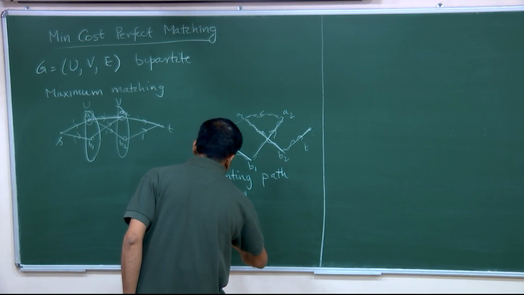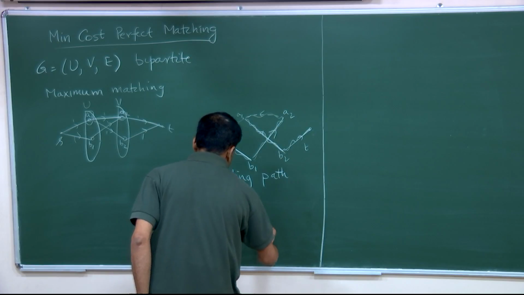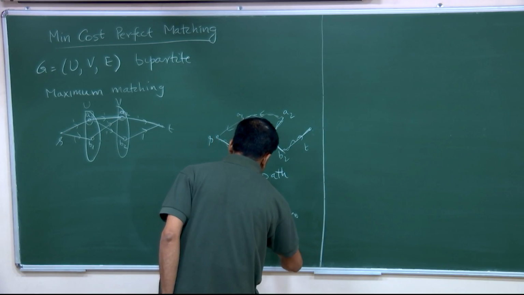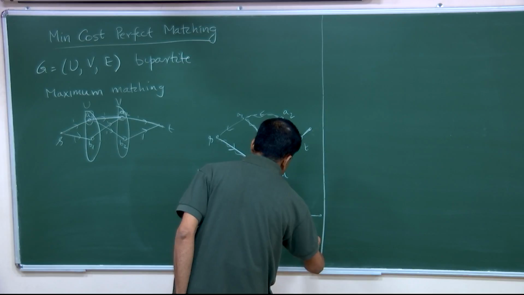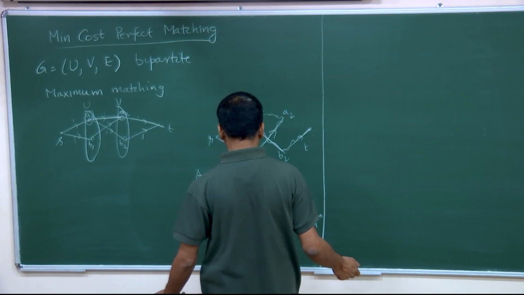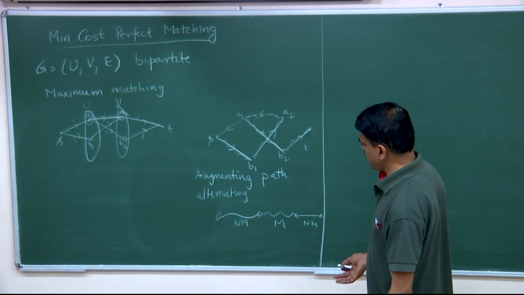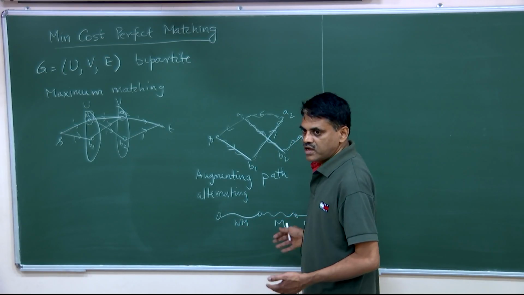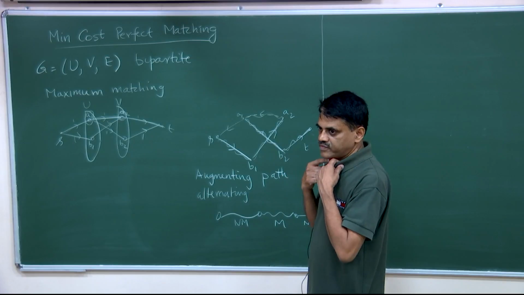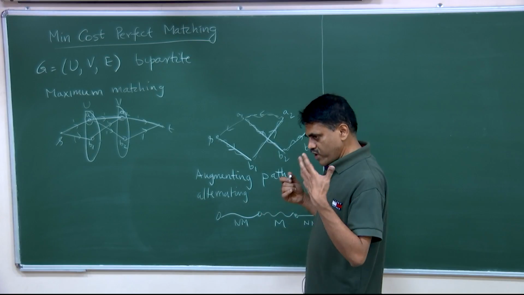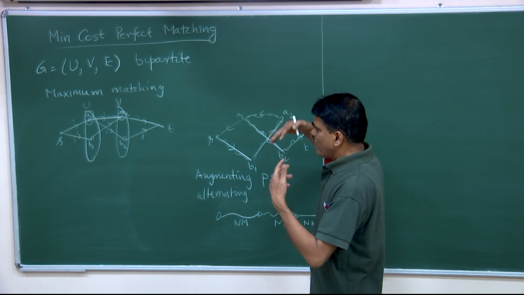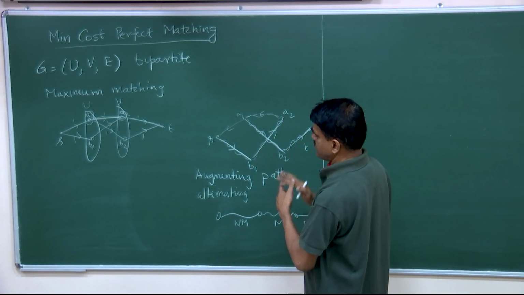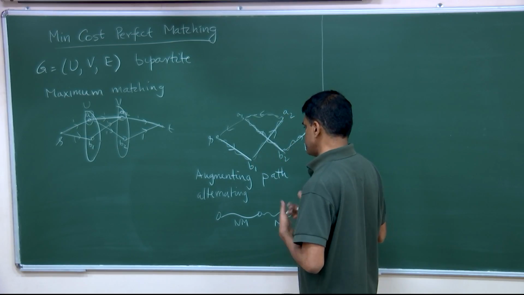If I have such a path, clearly I can remove this and add these two edges in my matching, and I can increase the size of the matching. This is one popular way of finding maximum matching, and this is what is happening in the MaxFlow algorithm anyway, which is to find what is called an alternating path.